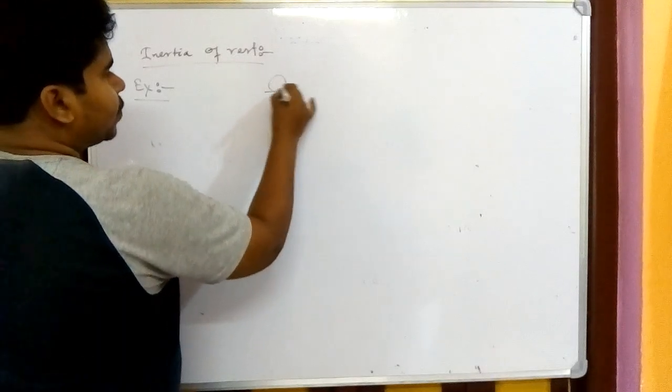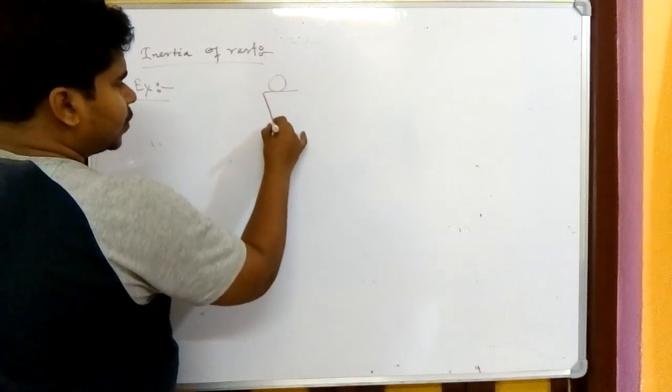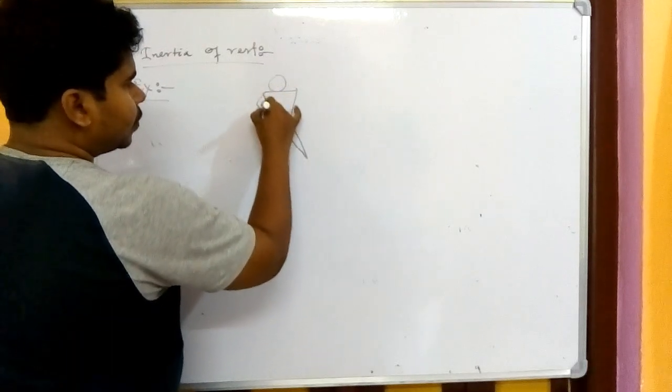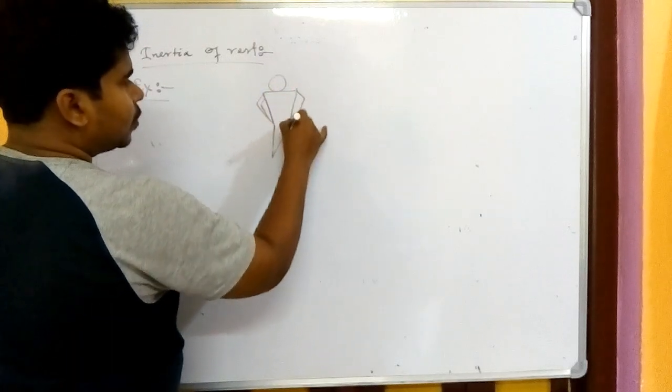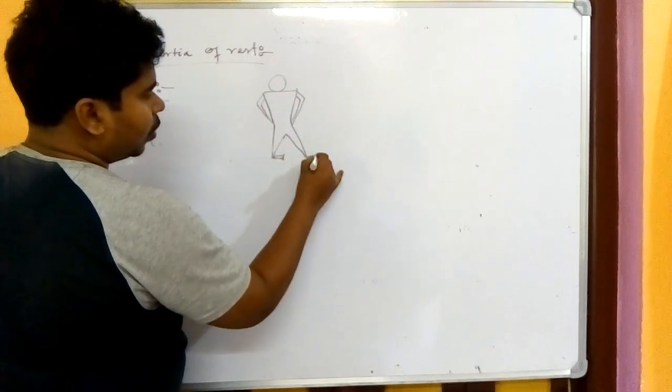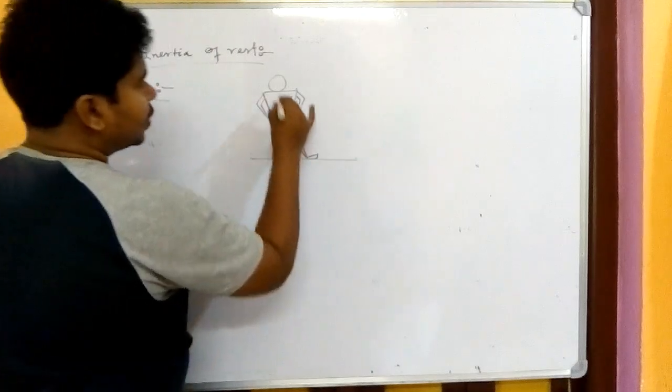Assume a person is standing on the floor of a train or a bus.